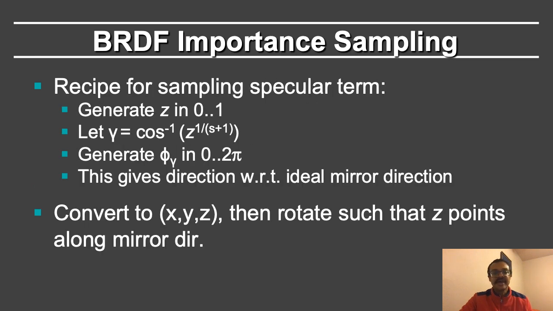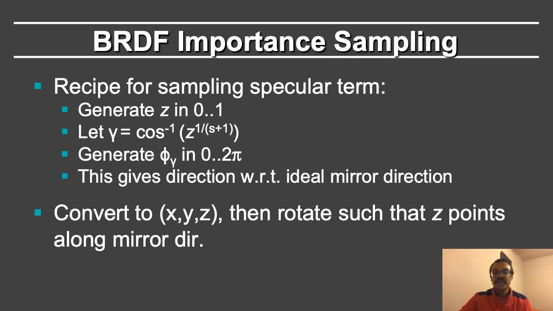Here is the standard way in which you can do Phong importance sampling. You generate a z in 0 to 1, that's just your uniform random number generator. Then you let gamma be equal to the inverse cosine of z to the power 1 over s plus 1. That's inverting the cumulative distribution function.